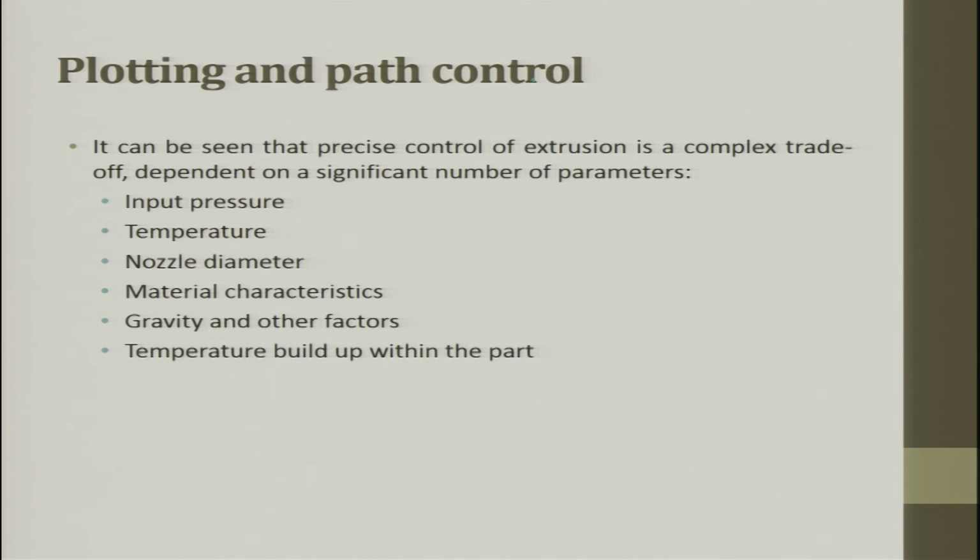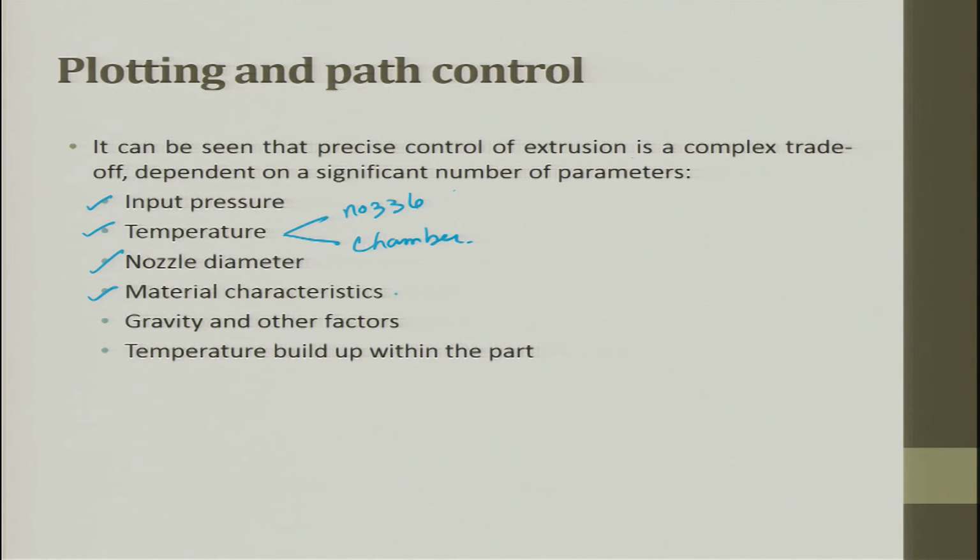So, plotting and path control: it can be seen that precision control of the extrusion is a complex trade-off dependent on a significant number of parameters: input pressure, temperature, nozzle diameter. Temperature again means nozzle temperature and the chamber temperature.